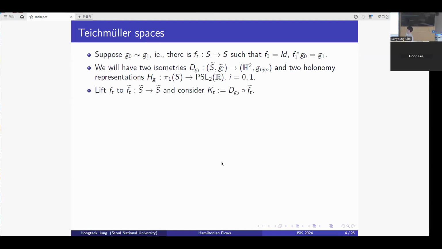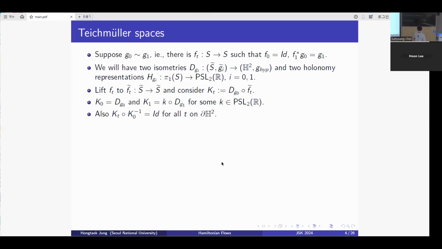Also we can lift our one-parameter family of diffeomorphisms to the universal cover. So we have a one-parameter family of diffeomorphisms on the universal cover, and you consider this map. What we can observe is that at time 0, this is the identity map, so we have K0 equals this isometry.